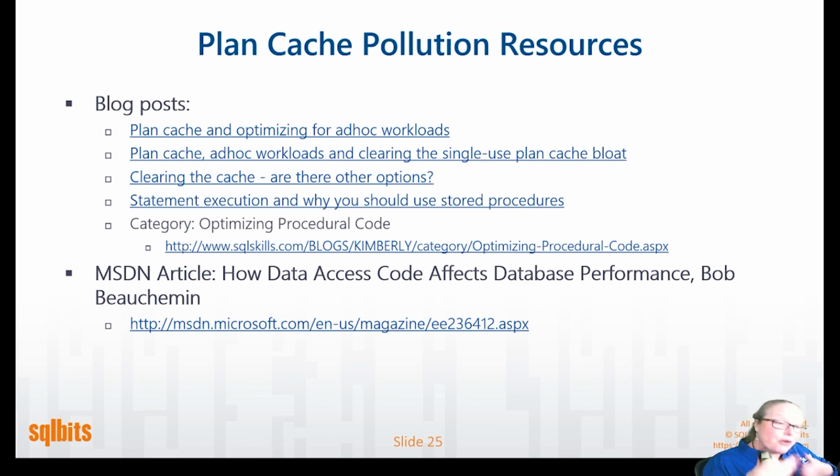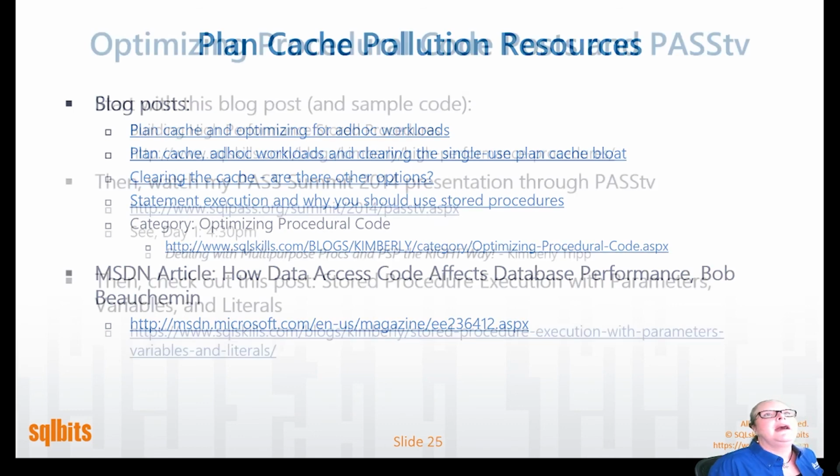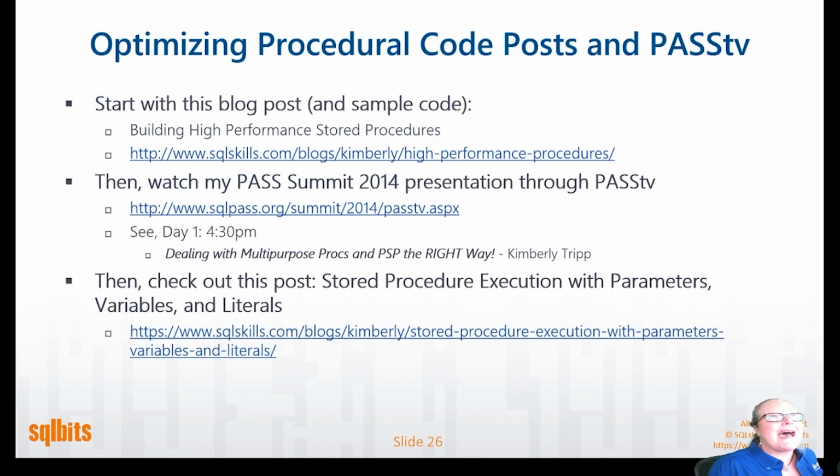And you can then programmatically say, if a certain amount is being wasted, then I want to use DBCC FREESYSTEMCACHE to clear that plan cache bloat from my cache. So I've got all of this here. And then I also have a building high performance procedures blog post, as well as a PASS session that you guys can get off the PASS site. So there's just a ton of resources out there.